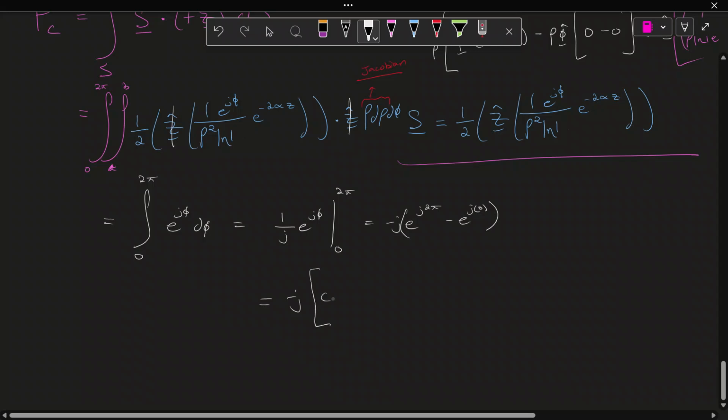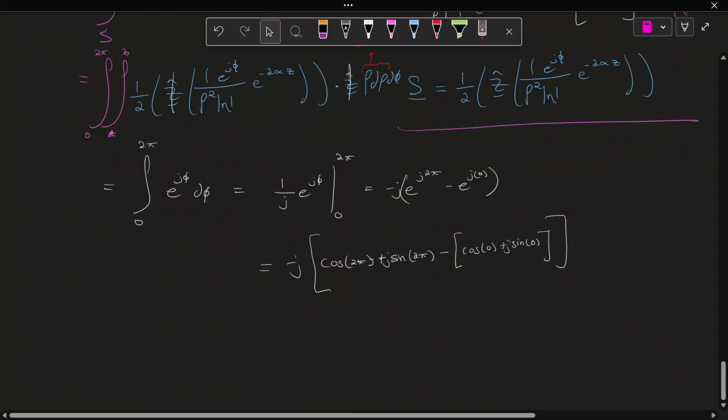So this is cosine of 2 pi plus j sine of 2 pi, minus cosine of 0 plus j sine of 0.